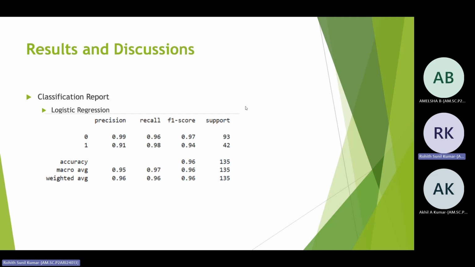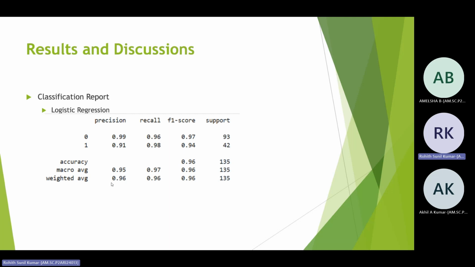And support is the number of true instances for each class in the dataset. For class 0, we have 93 instances, and for class 1, we have 42. Then the model's accuracy is 96%, and the macro average, which calculates the average precision, recall, and F1 score, has values of 95%, 97%, and 96% with the support 135.